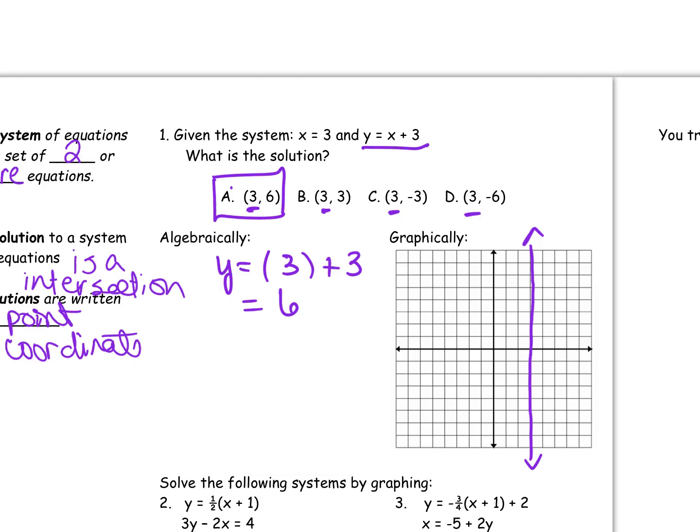Then we have to graph this one. Is this in slope intercept, HK, or standard form, which is actually general form? Standard form looks like this: AX plus BY equals C. Slope intercept or HK? Yeah, because this is MX plus B, right?